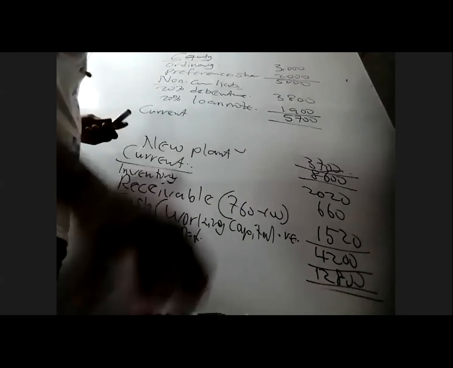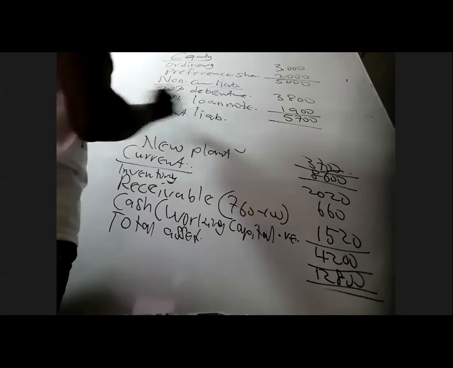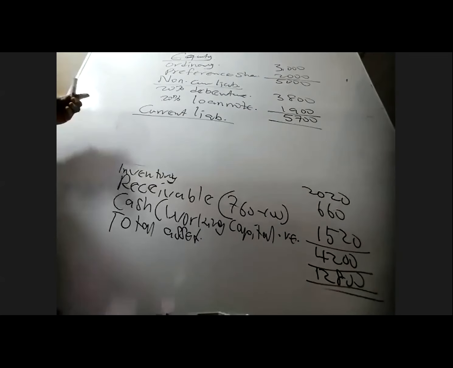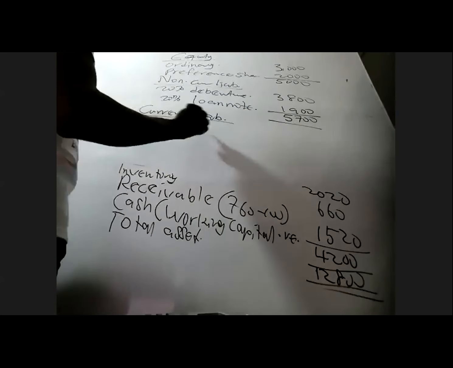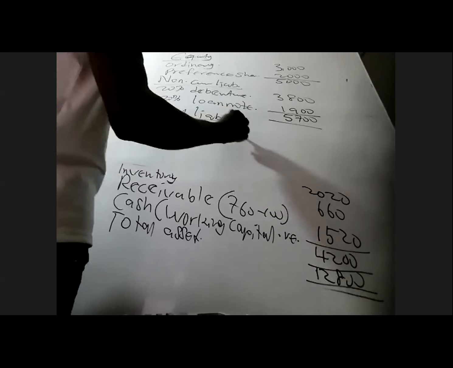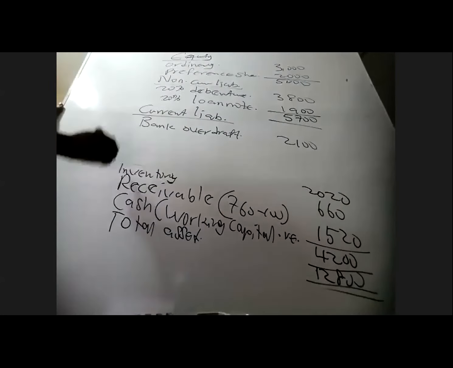Now the current liability, the only current liability we want is the bank overdraft. Current liabilities will be the bank overdraft. Now let's see. Bank overdraft. Is the existing one, right? Which is 2,100.